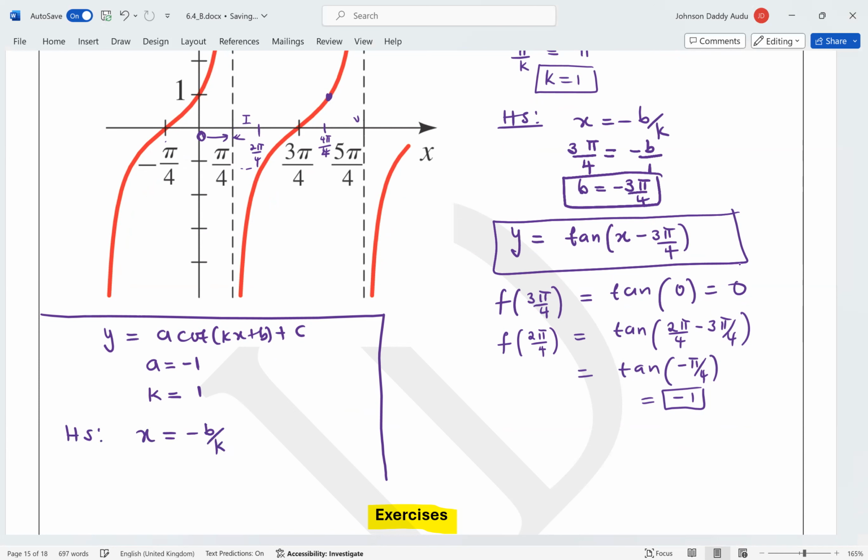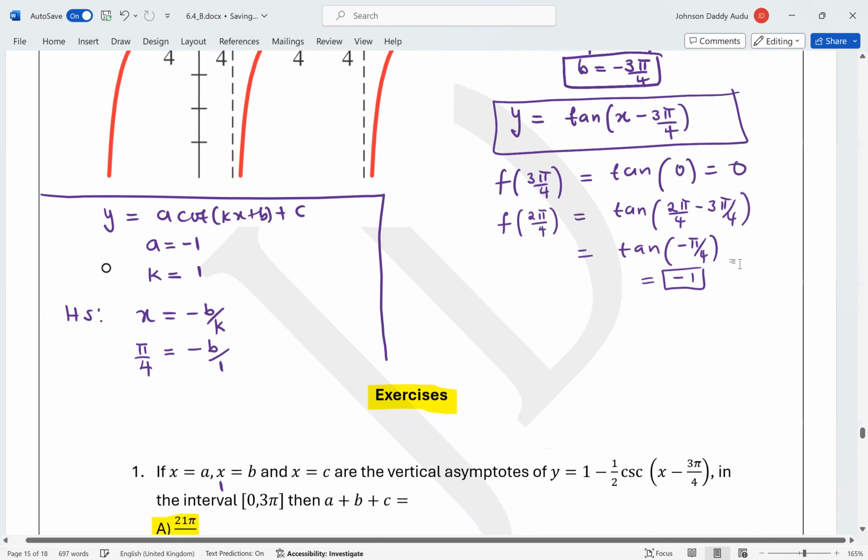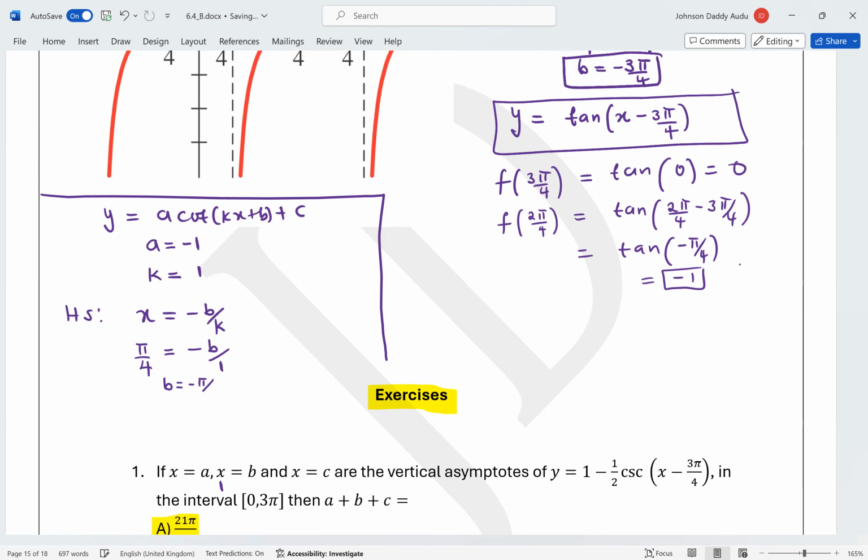So what do you take as x? You take the endpoint. Remember, in the case of tan, we took 3 pi over 4. In the case of cotan, just take the starting point, which is pi over 4. So pi over 4 is the beginning, which is going to be minus b over k. What is k? k is 1. So this means that we will get that b is equal to minus pi over 4.